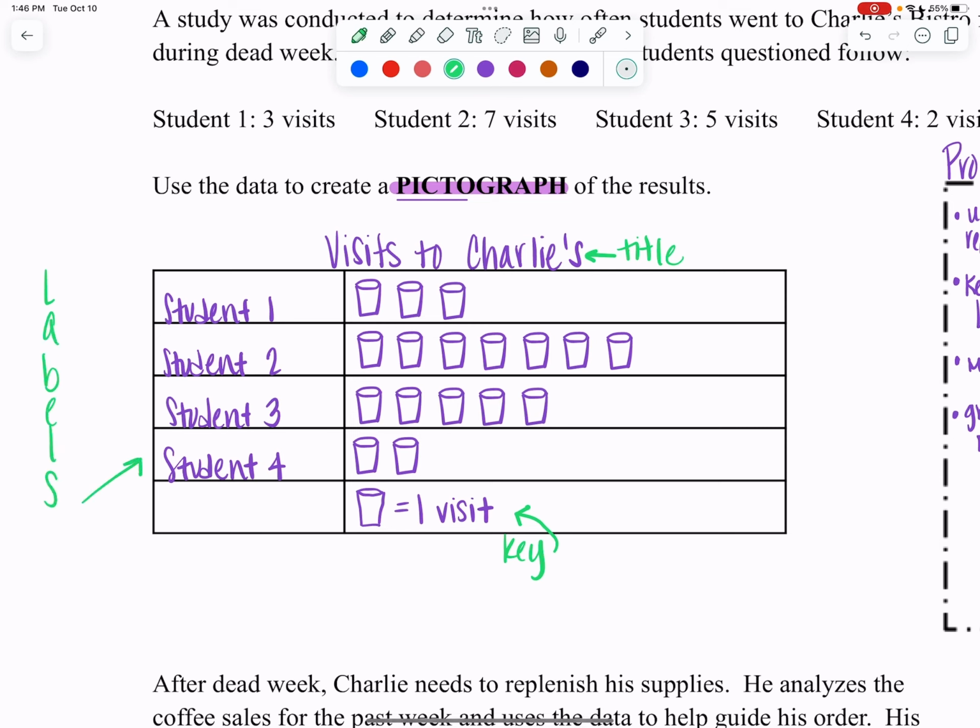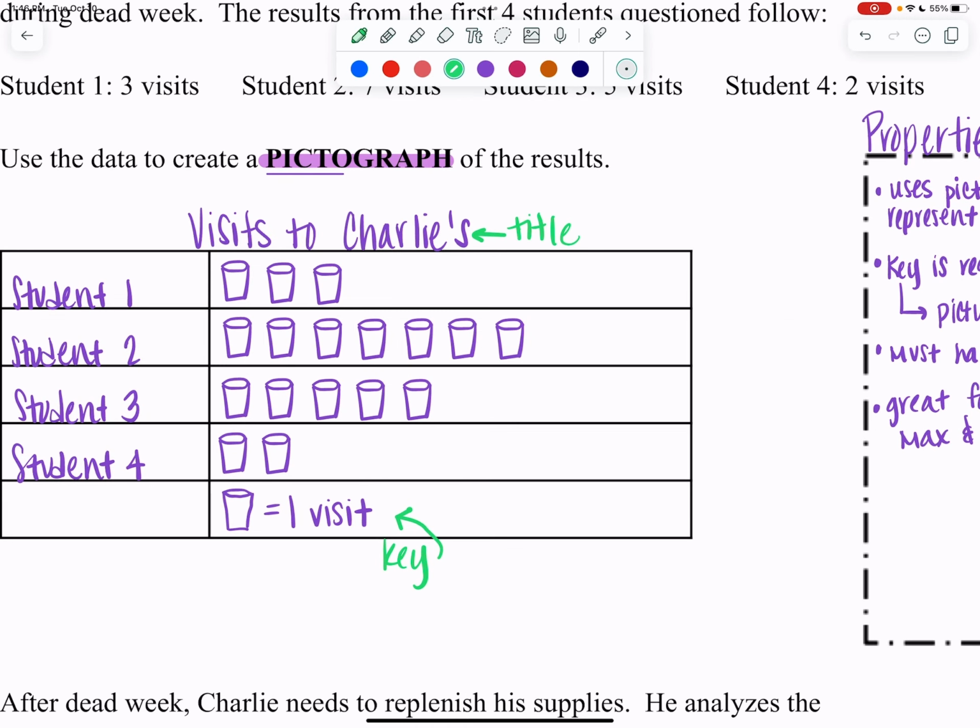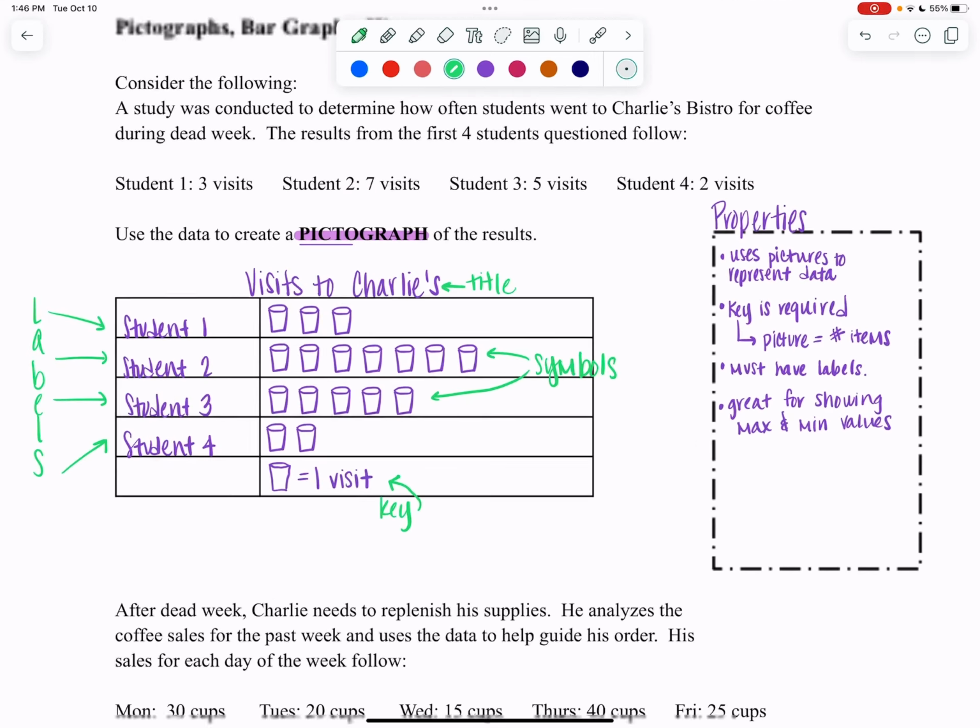We labeled the quantities we were showing. And we had symbols for our cups. All of these were the symbols that we used. So that's what a pictograph looks like.